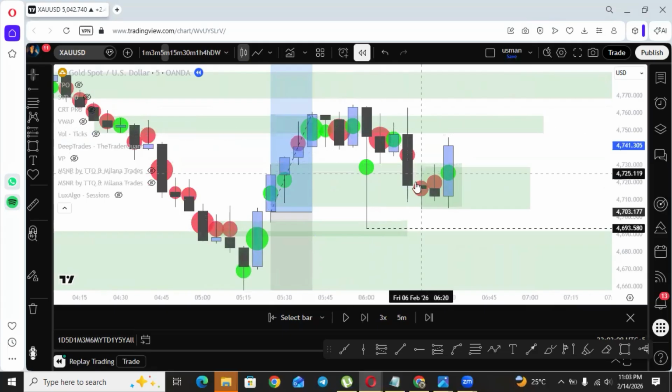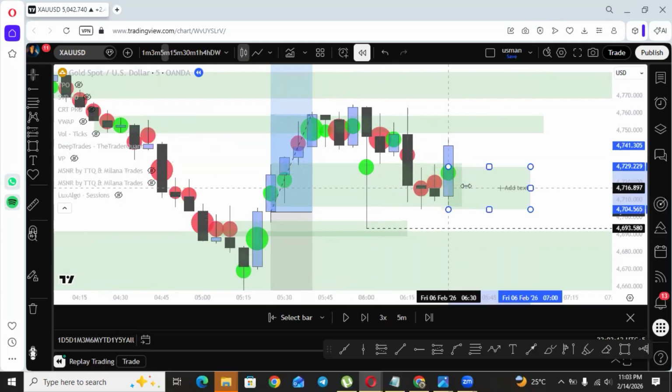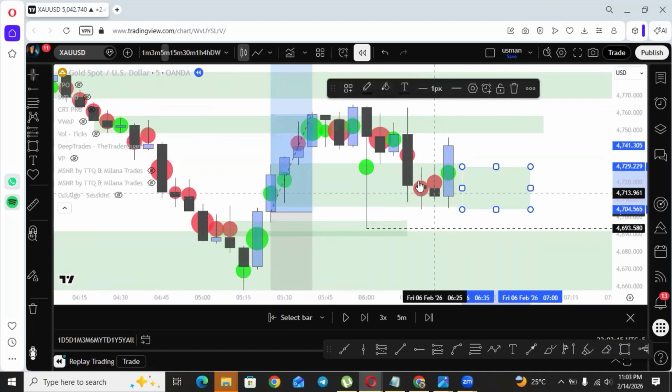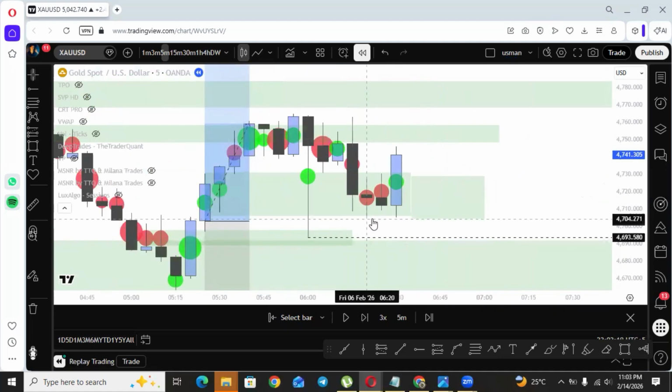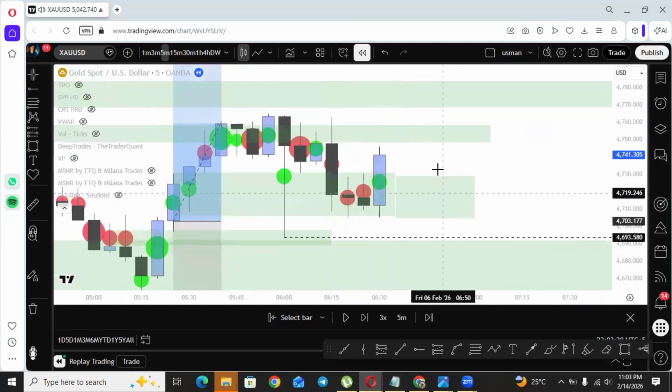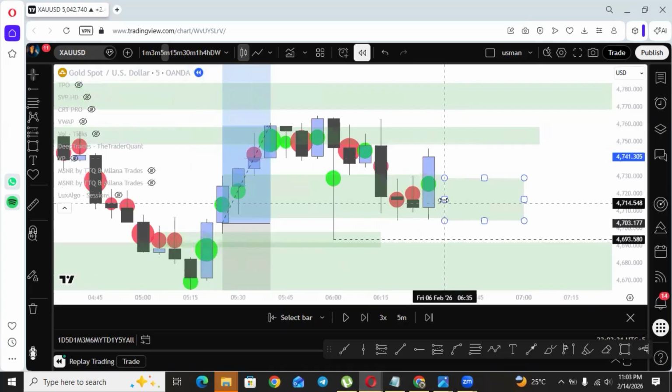Sellers again trying their best to push the market down. Now you are seeing at this point in these sell candles, sellers are getting exhausted because if they fail to close below the previous candle wick, it means buyers are strong at this level. And when buyers show this kind of aggression, you know that buyers have taken over from the sellers.